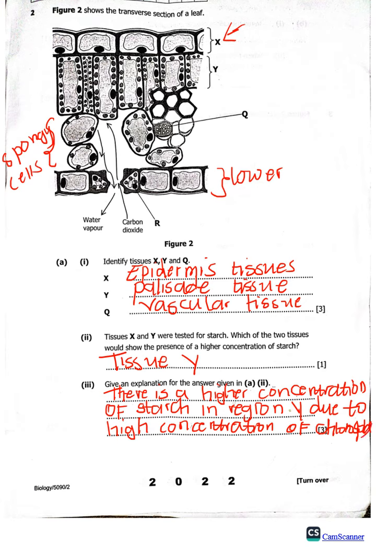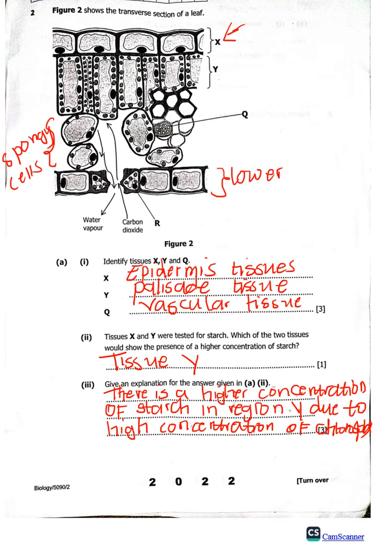So the key point is whenever you see a higher concentration of chloroplast, you need to know that the process of photosynthesis is high there, and also there would be a higher concentration of starch.